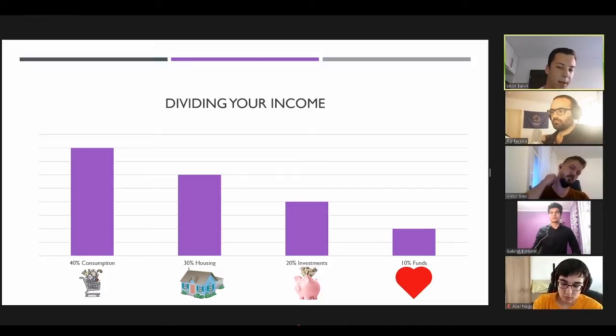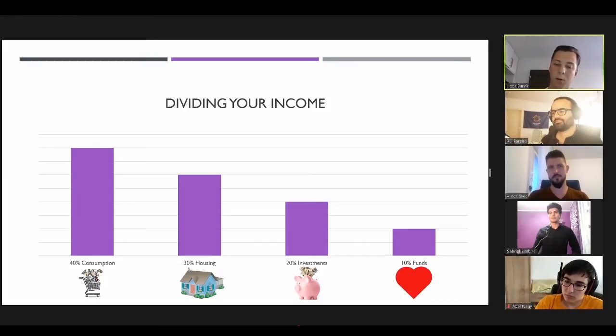Another is 20%, and this is where most of us, I think, usually miss the whole process, and it is investments. 20% of your income should be investments. That means you can have savings in your bank.